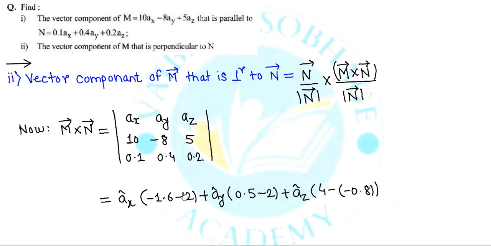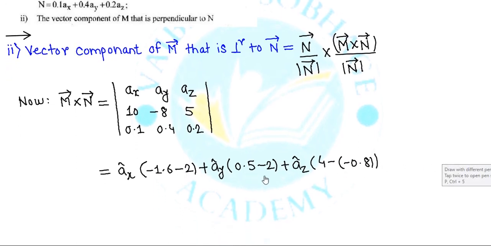Now simplify that one so that you will find the cross product between m and n.